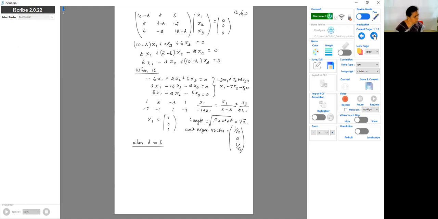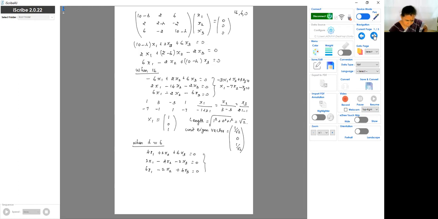So when lambda is 6, putting it in, 10 minus lambda is 4, so 4x1 plus 2x2 plus 6x3 equal to 0. 2x1 minus 4x2 minus 2x3 equal to 0. 6x1 minus 2x2 plus 4x3 equal to 0.